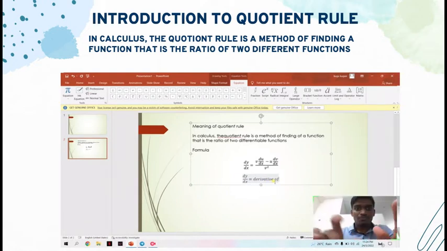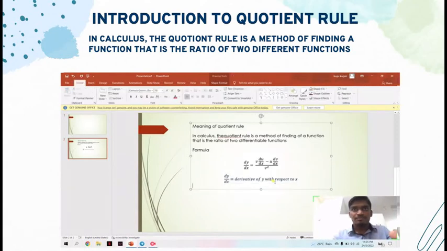Here it's known as the derivative of y with respect to x. The second one is v, known as variable v.